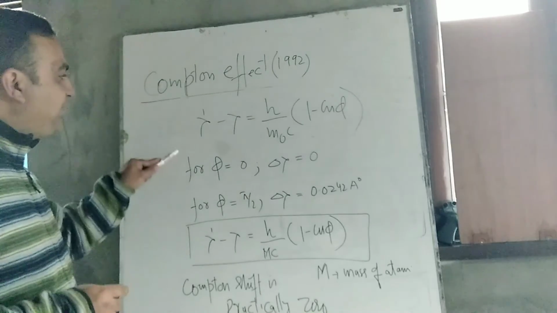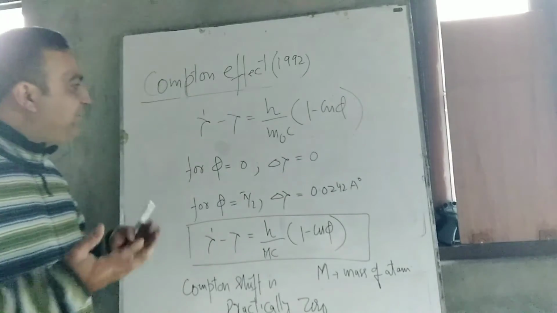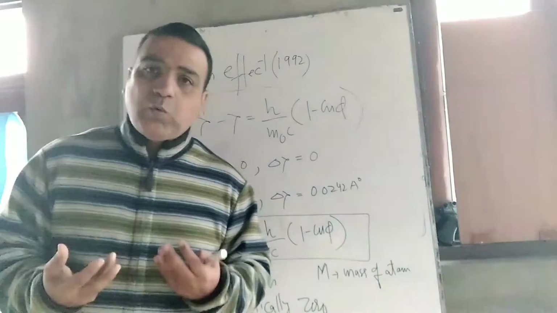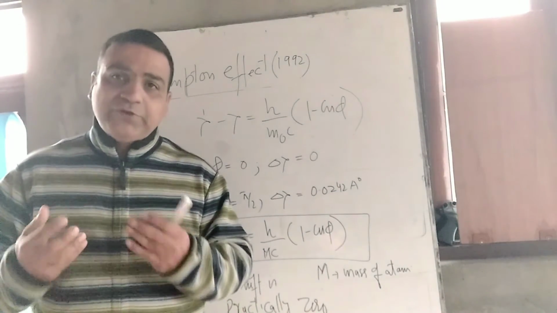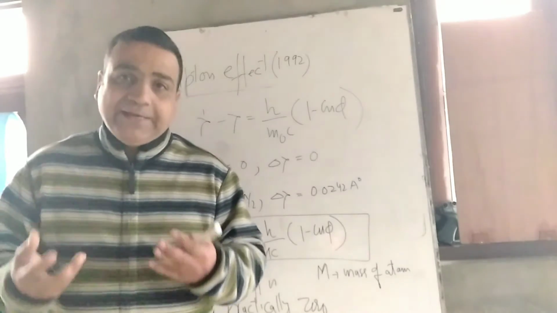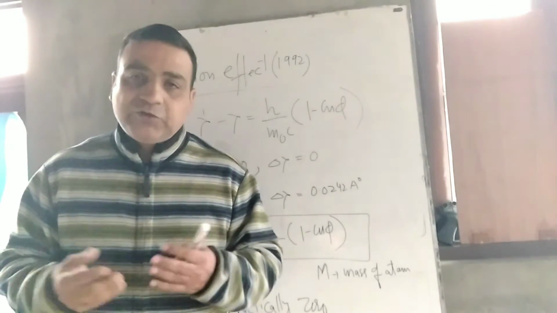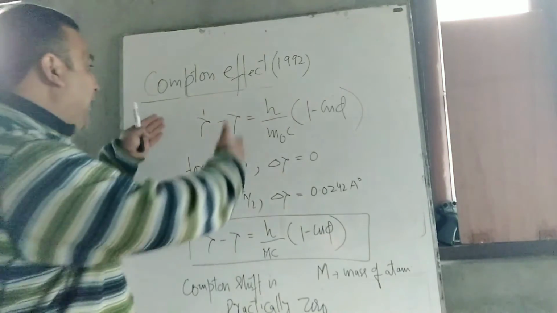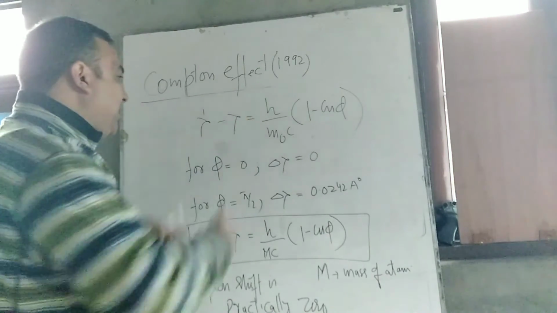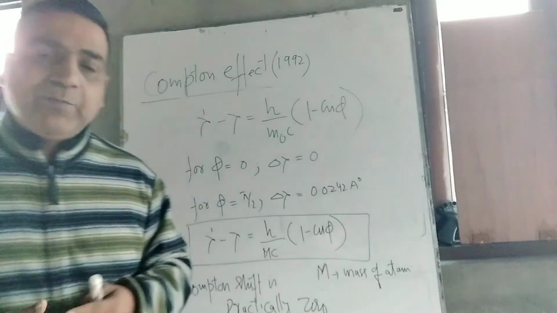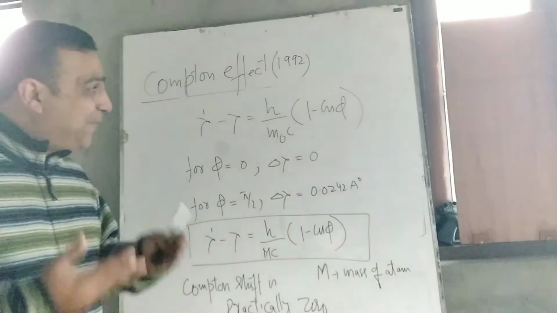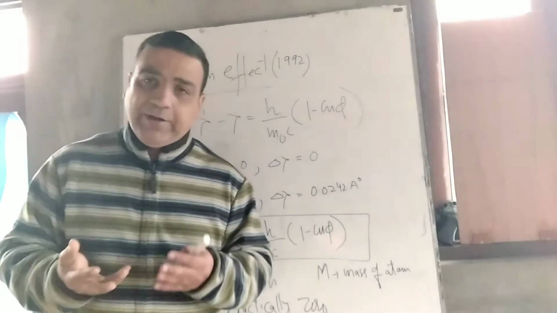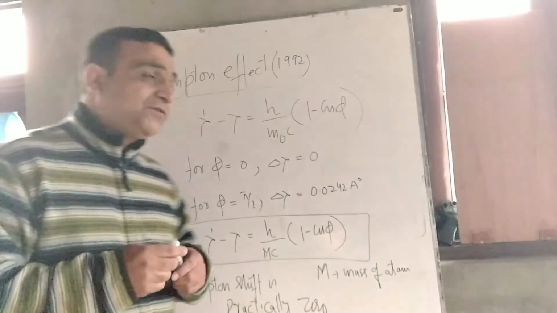Where you can see the left hand side of this equation gives us the measure of the shift in the wavelength. That means what was experimentally observed is confirmed here by this equation, because I'm not getting lambda dash minus lambda is 0. I'm getting lambda dash minus lambda dependent on phi, the angle of scattering.